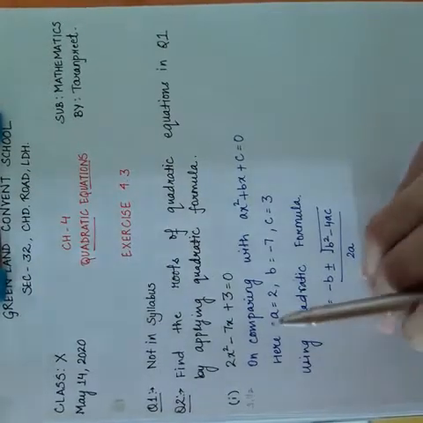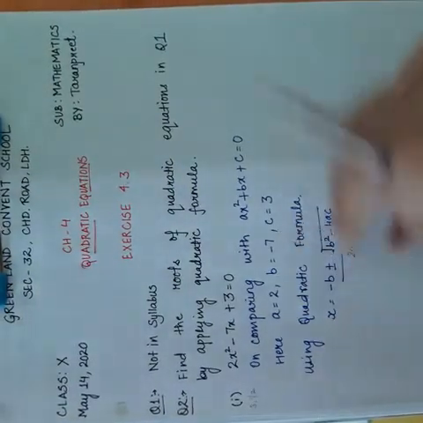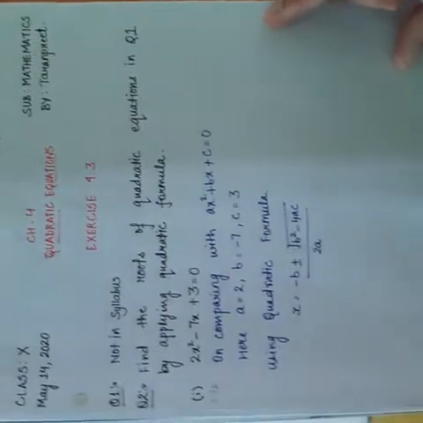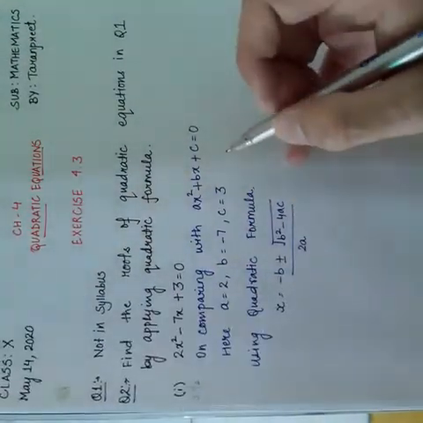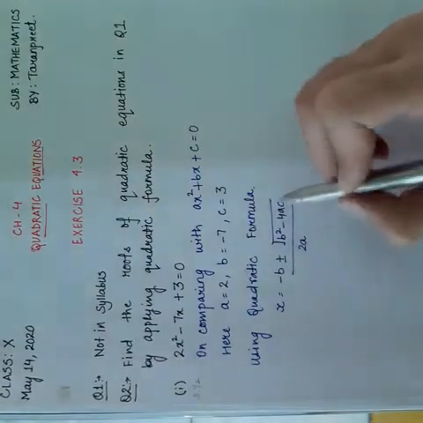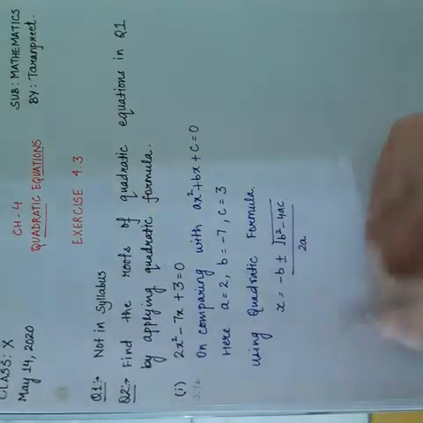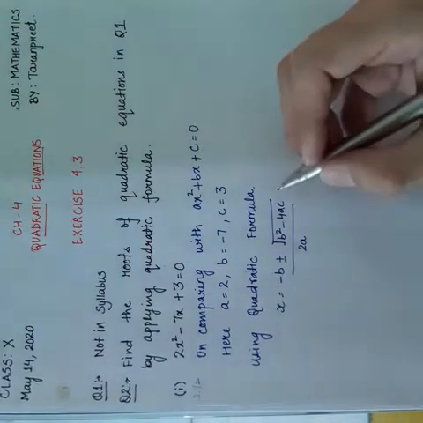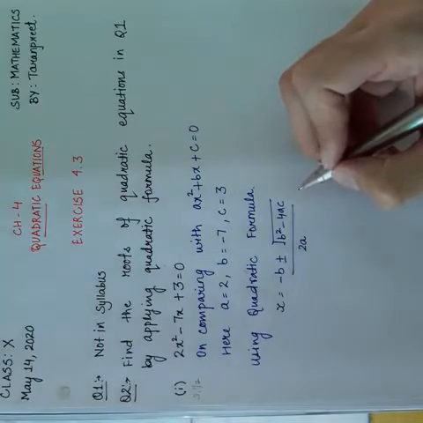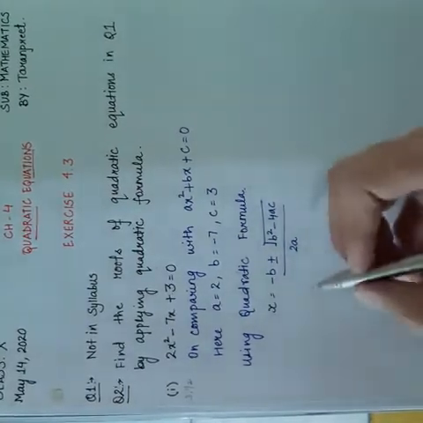Now on comparing it with the general equation, that is ax square plus bx plus c, we get the value of a as 2, b as minus 7 and c as 3. Now using the quadratic formula, that is x is equals to minus b plus minus under root b square minus 4ac upon 2a. This formula I told you to learn in the previous lecture. Now we'll put the values over here.